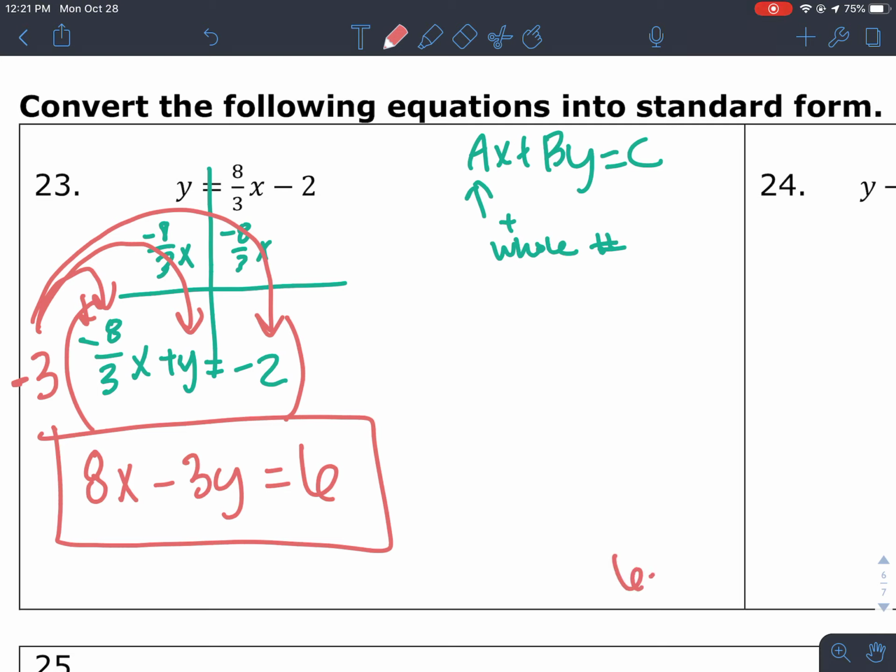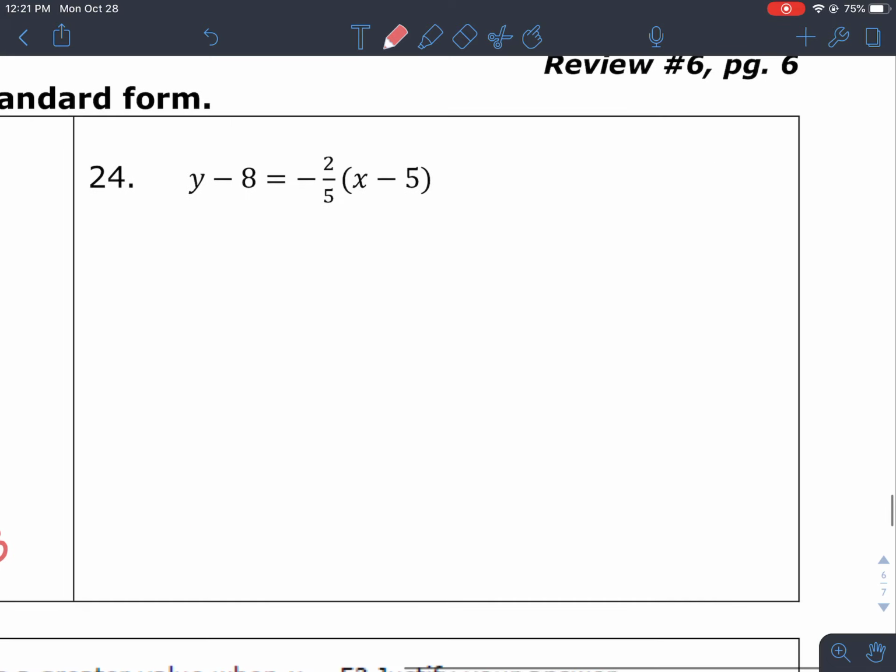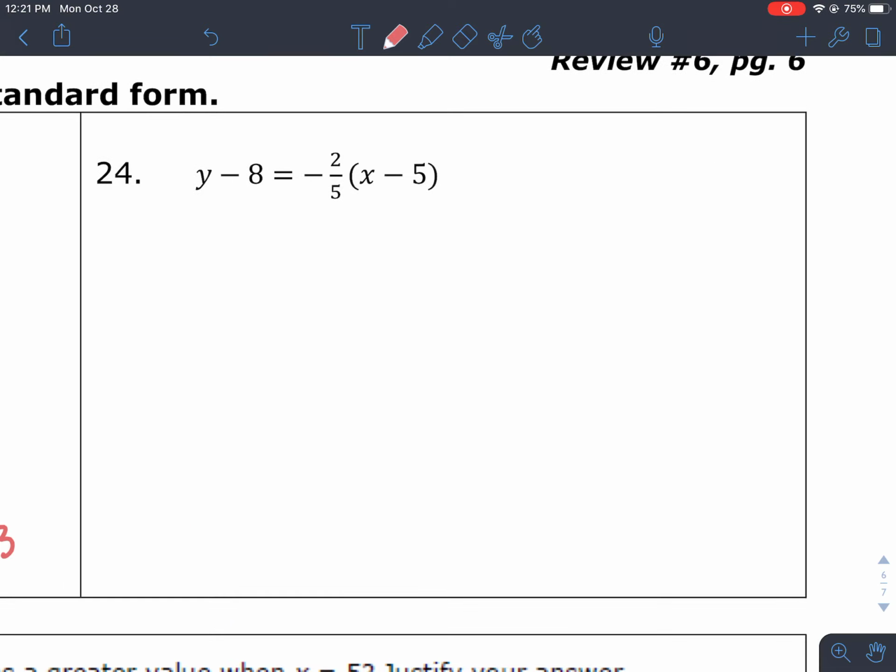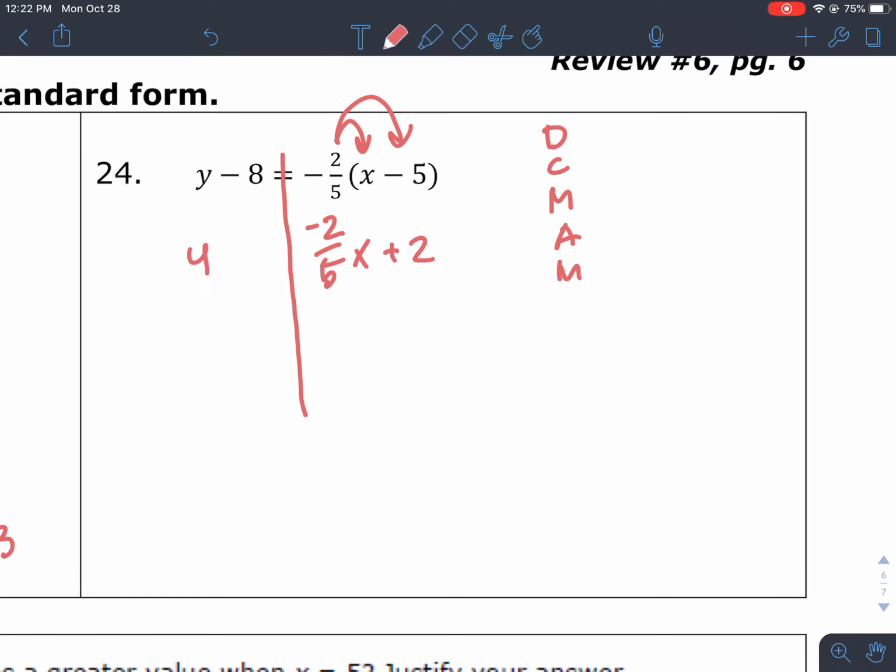Okay, this is notes 6-3 if you're still a little confused. Okay, 24. I'm going to first convert it to slope-intercept, and then we'll go ahead and convert. So I'm going to multiply it by -2/5. I'm going to add 8 to the other side.